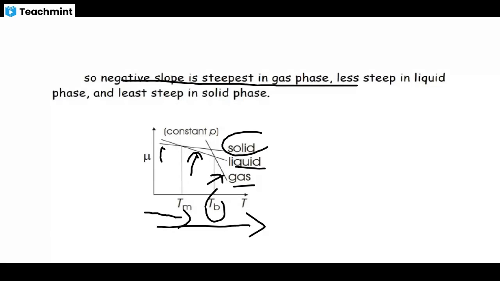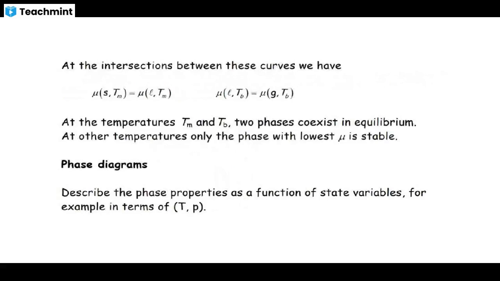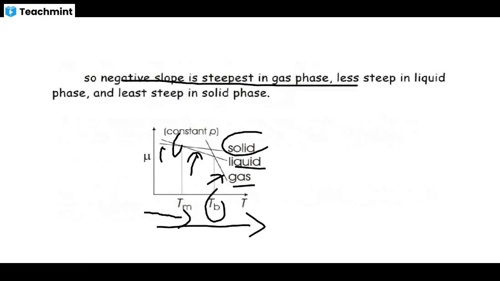So this is the concept of entropy. Until the melting temperature, the entropy of the solid is small, until the boiling temperature the entropy of the liquid is small, and after that the gas entropy is smaller. At the intersection, at the melting point, the chemical potential of solid and liquid are the same, because these two curves are meeting each other.